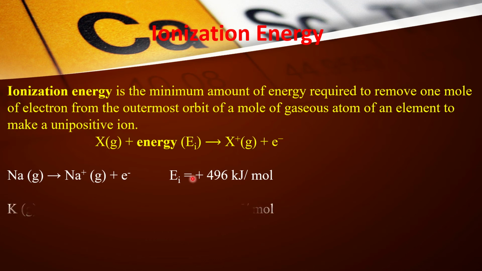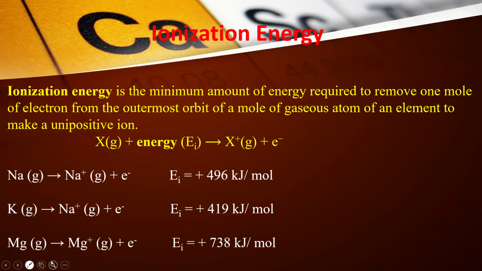In the same way, when 1 electron is removed from potassium, here will be potassium ion K+. So when 1 electron is removed from potassium, then 419 kilojoule energy is needed. So the ionization energy of potassium is 419 kilojoule per mole.